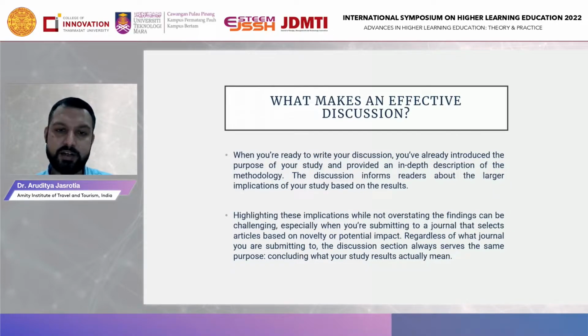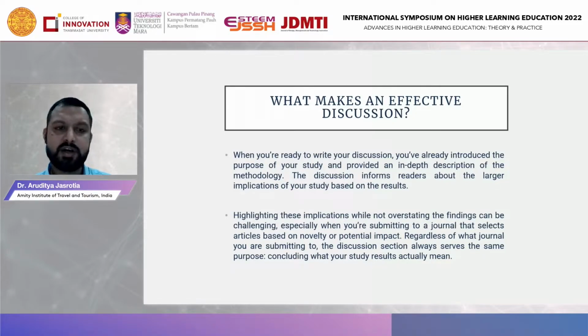Let's start with that. A discussion part basically highlights the implications of your study. That is why often with discussion, implications of the study is also given. Sometimes people write down in the research paper discussions and research implications, so sometimes they go together. Sometimes it is given as a separate heading, discussions, followed by the research implications.